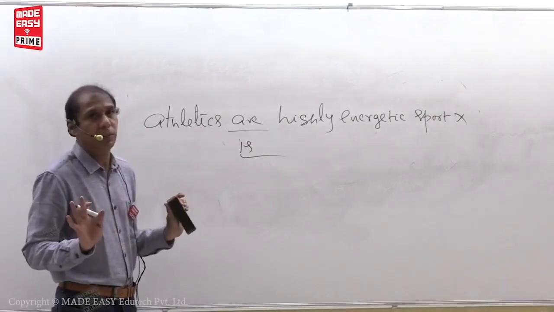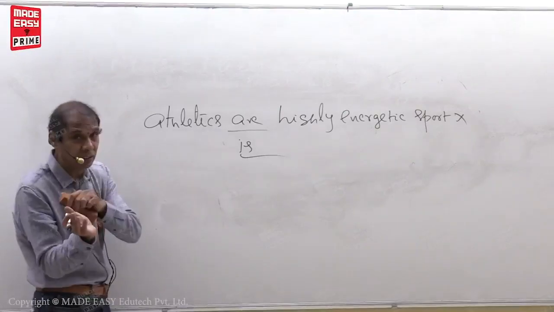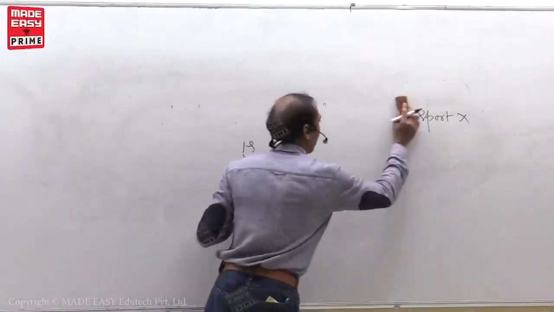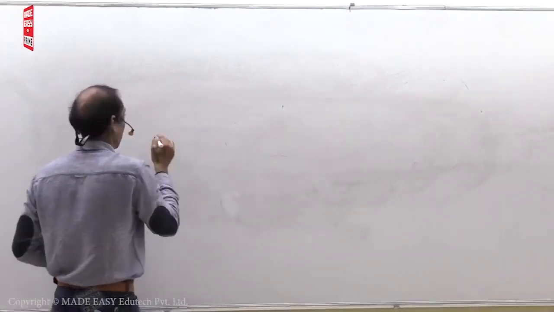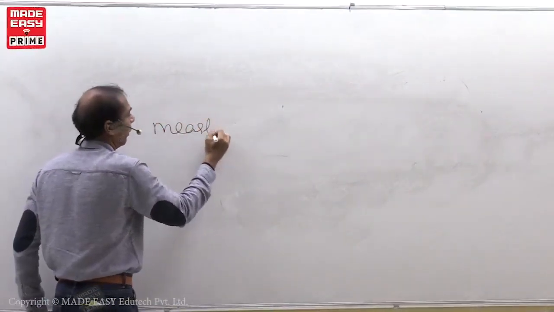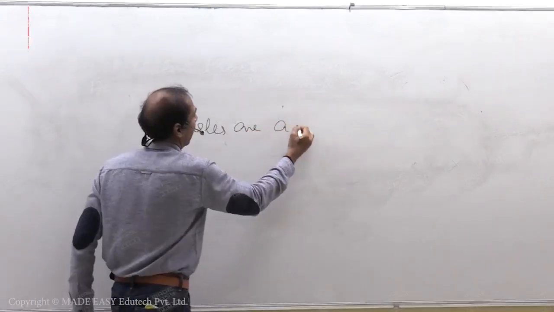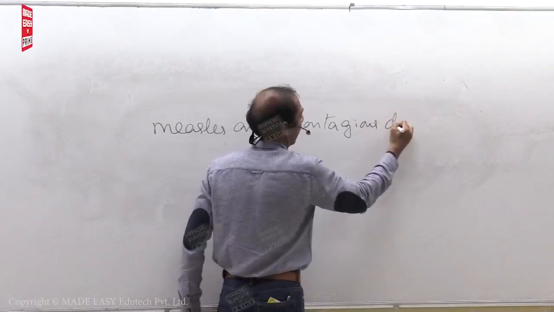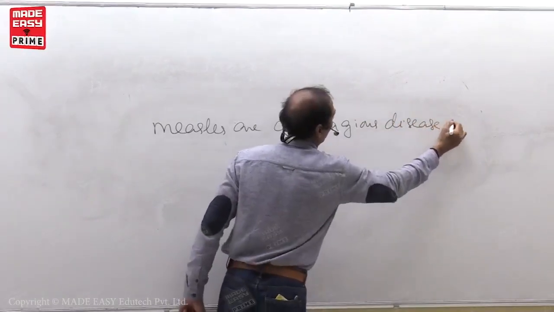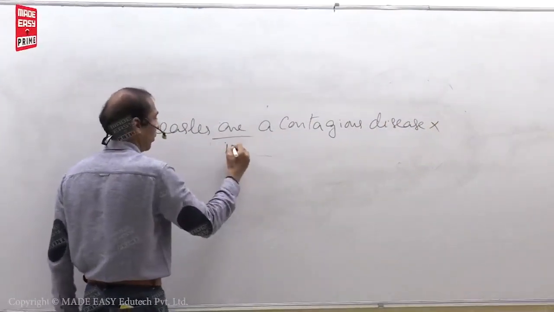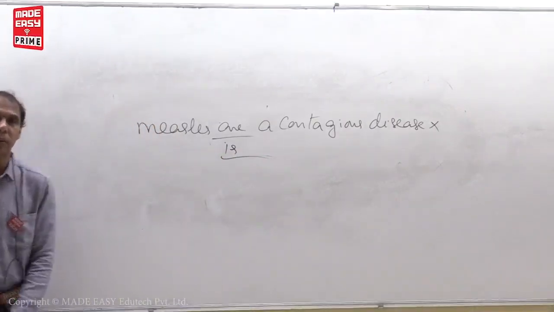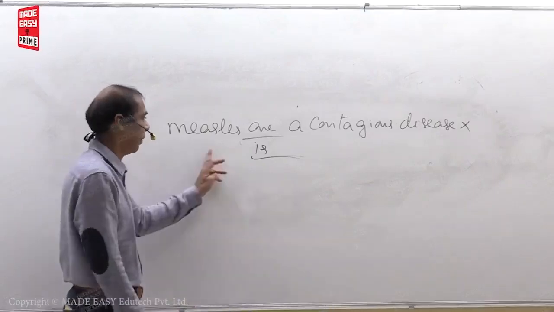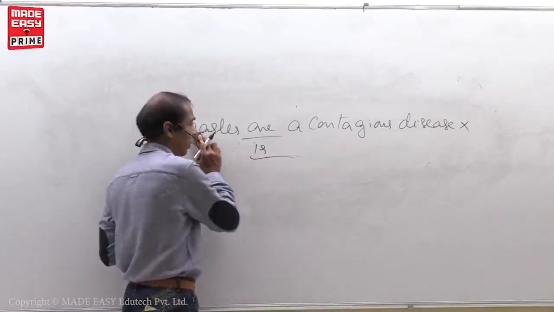Don't confuse athletics and athletes. Athletics is. Similarly, measles are a contagious disease. Wrong. Measles is. What is the meaning of measles? Smallpox. Measles is a contagious disease.